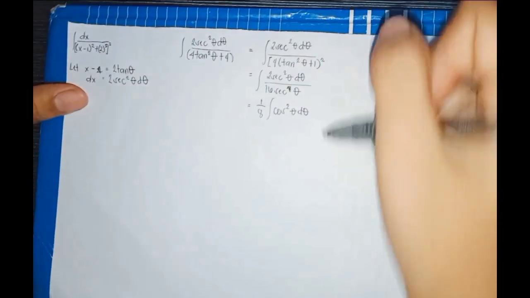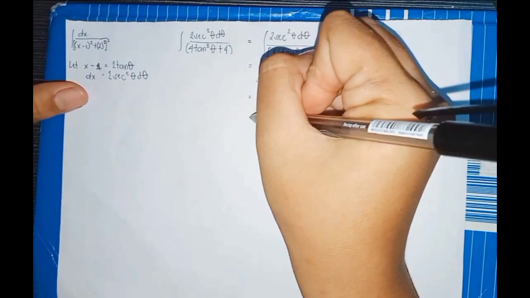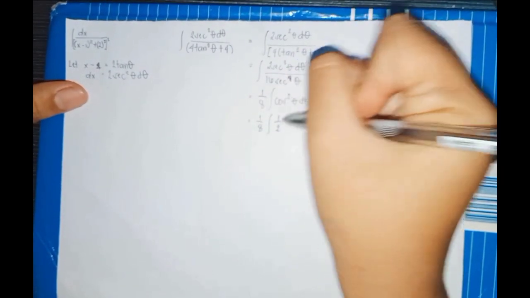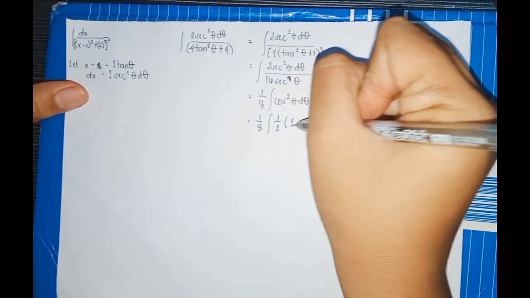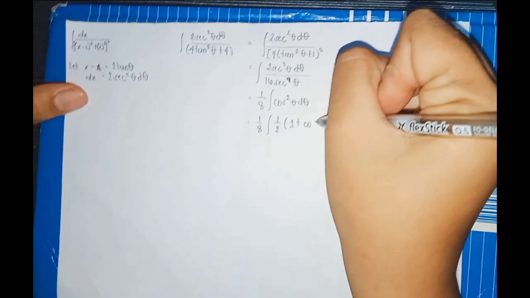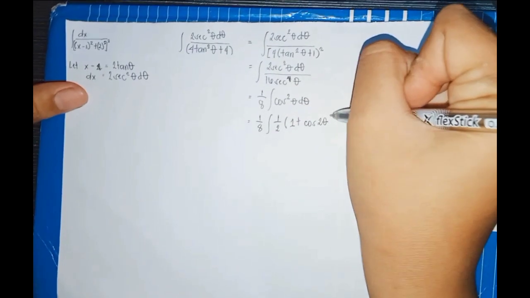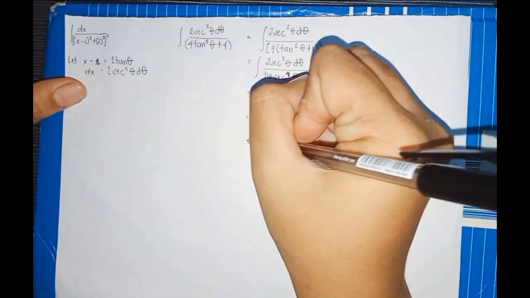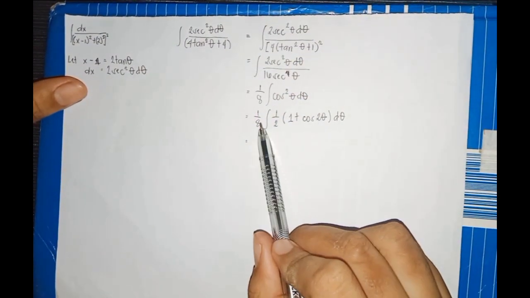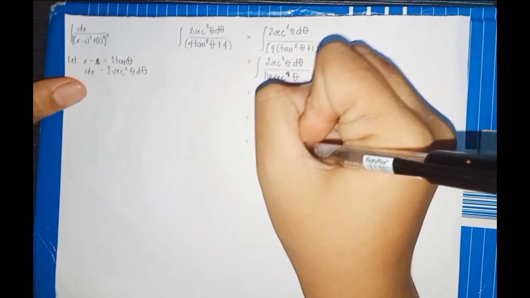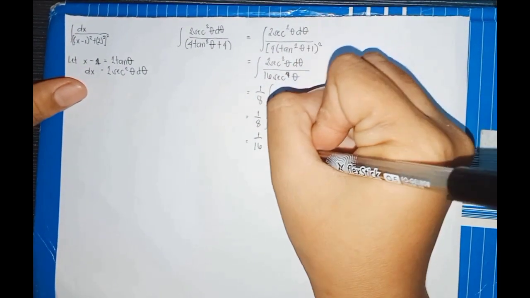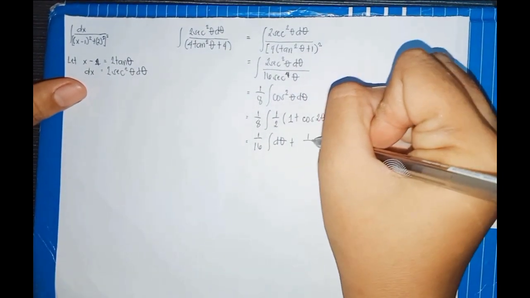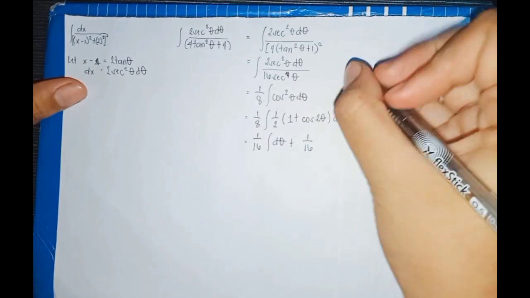So the next is 1/8 times the integral of 1/2 times 1 plus cos 2 theta d theta. If you multiply this 2, it will become 1/16. We can repeat it twice.